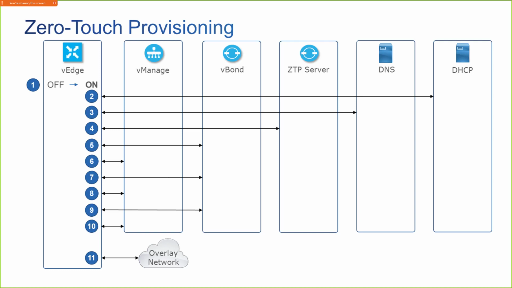So it has to be able to talk to the vBond Orchestrator automatically, and then it has to register to vSmart controllers, register to vManage, and then also register to other Vedge devices. But all of that has to happen automatically. So again, we're trying to minimize the malicious actions in the network. Maybe infected devices being added to the overlay network or unauthorized devices being added to the overlay network. So that's the second piece, right?